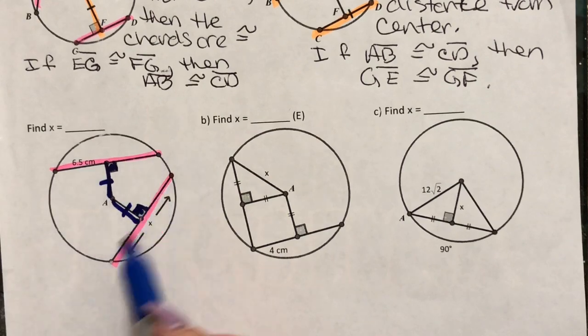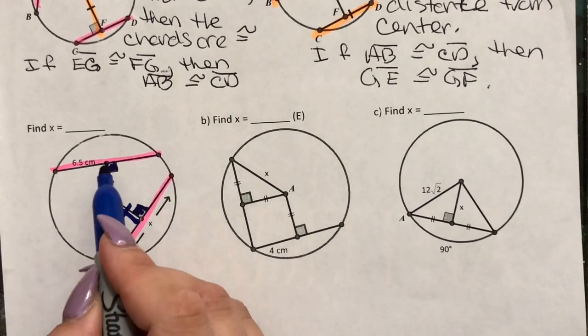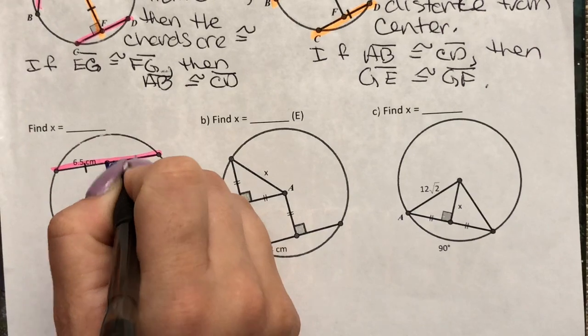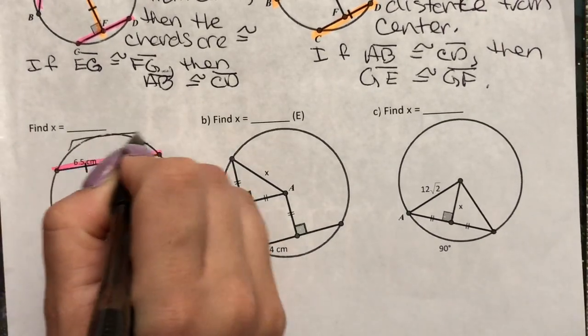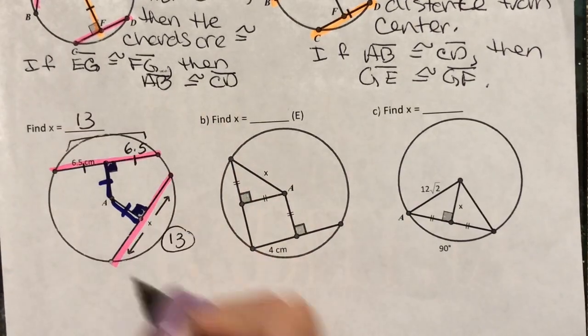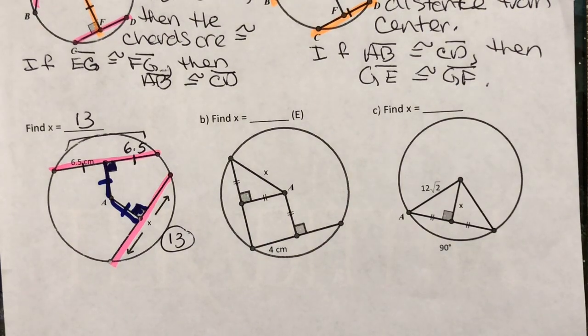So since these chords are equal distance, I know they're equal. Since they're being bisected by this perpendicular bisector, I know that this piece must equal this piece, which means this is also 6.5. So the total is 13. So that means the whole other side must also be 13.